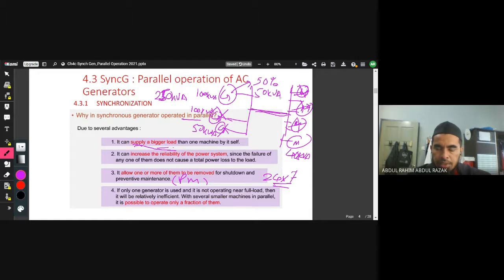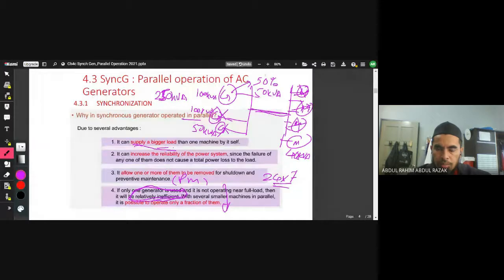It is not a wise plan or strategy, because once you operate the machine below its rated current, rated speed and rated power, the efficiency will drop.